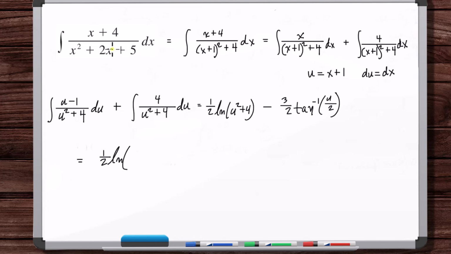We can just put this back as x squared plus 2x plus 5, minus 3/2 arctangent, and then u is x plus 1, plus C. Okay, and the answer key says that this should be a plus, so I missed this. I just forgot to apply a minus sign, or I applied a minus sign by accident somewhere. But this is the integral.